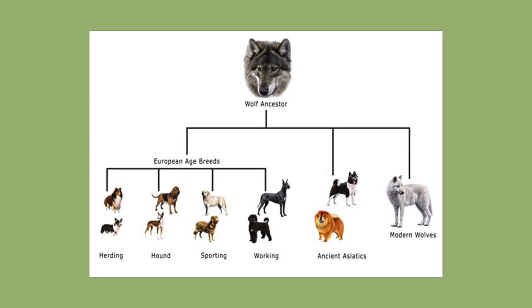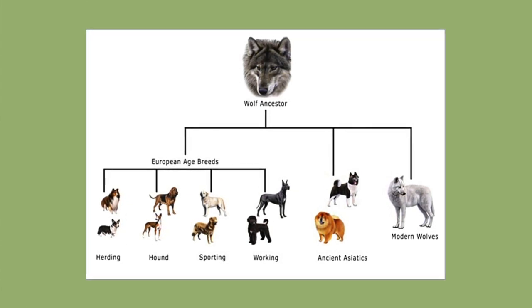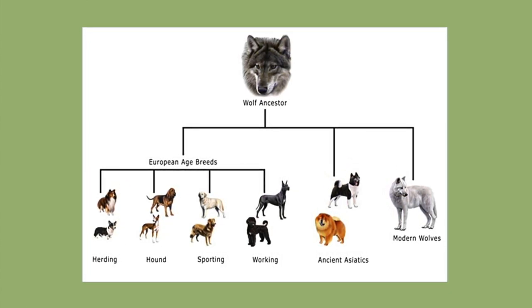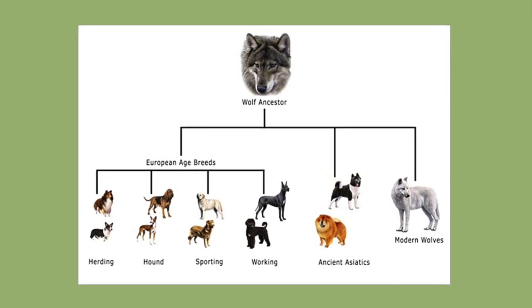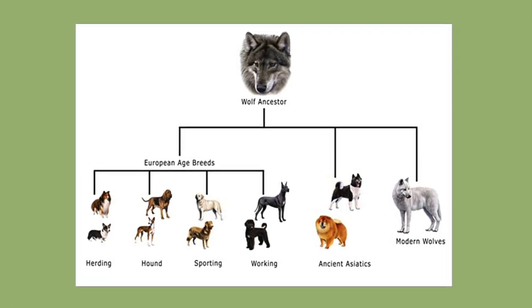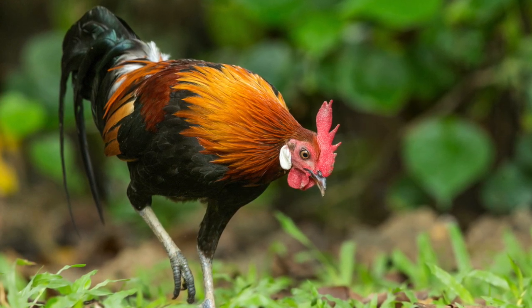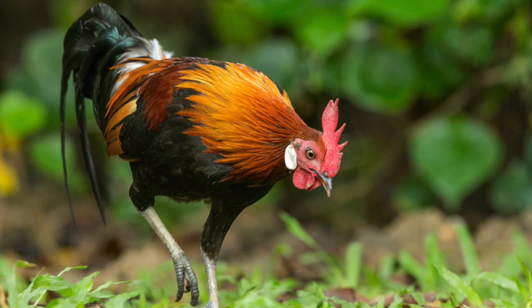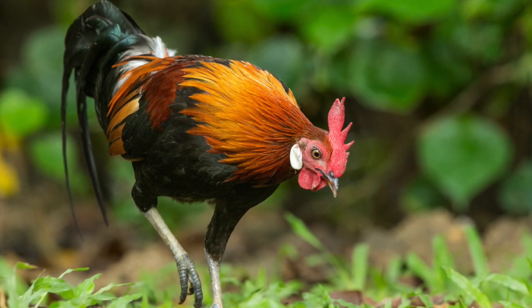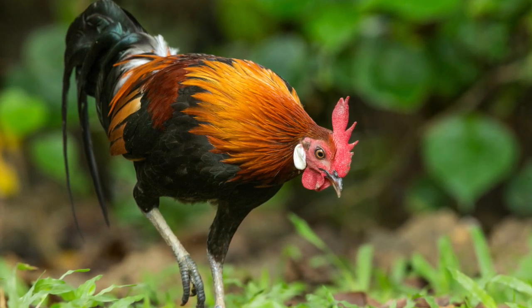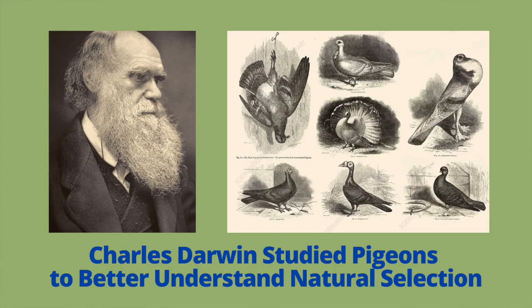You know, Darwin used those examples. He used dogs because they all came from wolves. And through many years of selective breeding, we were able to create all the dogs we have today. He studied chickens a little bit, but he would call up certain chicken breeders to get an idea what they were doing to create the breeds they were creating, and then relating that to natural selection and evolution. But he also studied pigeons.